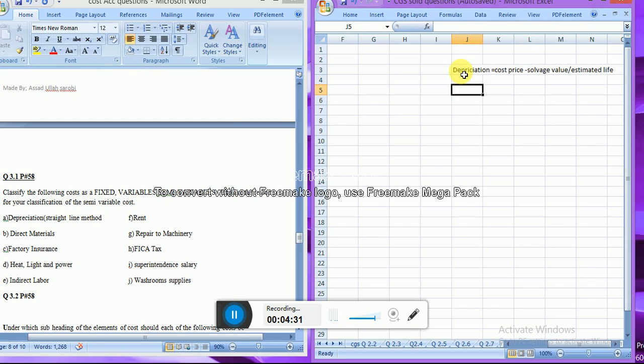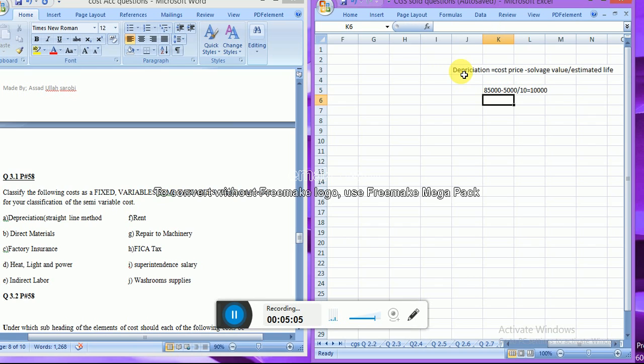If the cost price of a machinery is $85,000, and salvage value is, let's suppose, 5,000, and estimated life is 10 years, then per year 10,000 value will be depreciated.